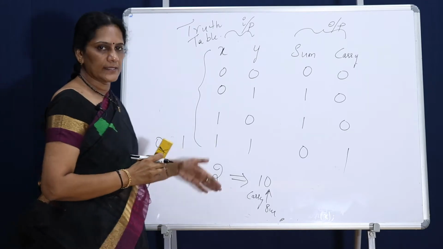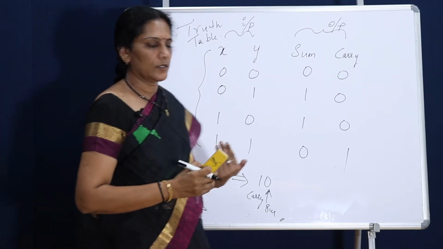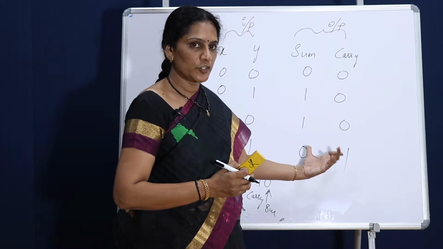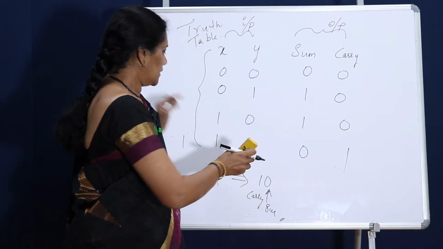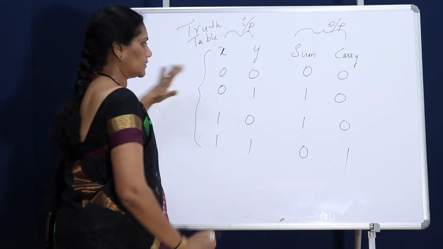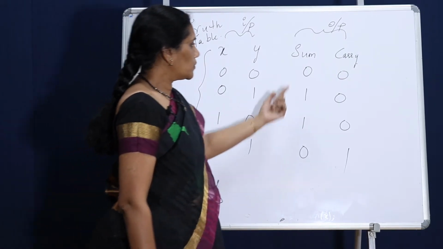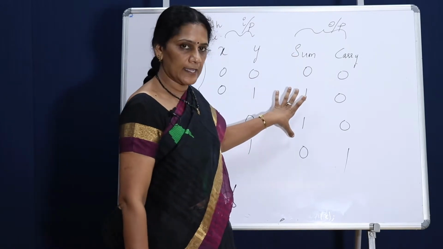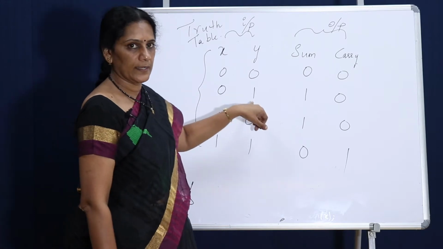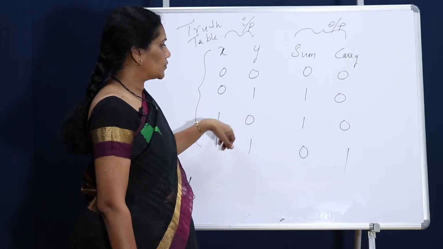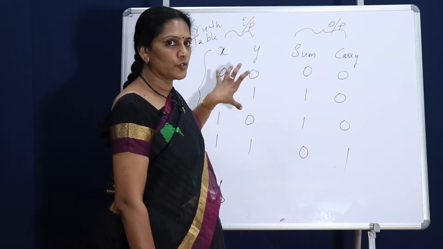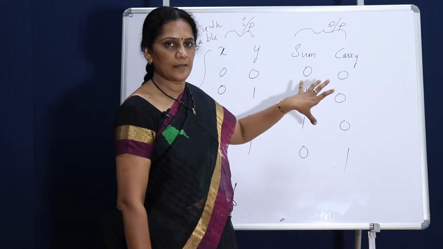Now, based on this, we start designing the circuit, and first of all we derive the functional equations related to this. When you look at this particular table, the output of sum is high at two different locations, that is when x is 0 and y is 1, and when x is 1 and y is 0. That means we take the min term values of these two locations to represent the function.